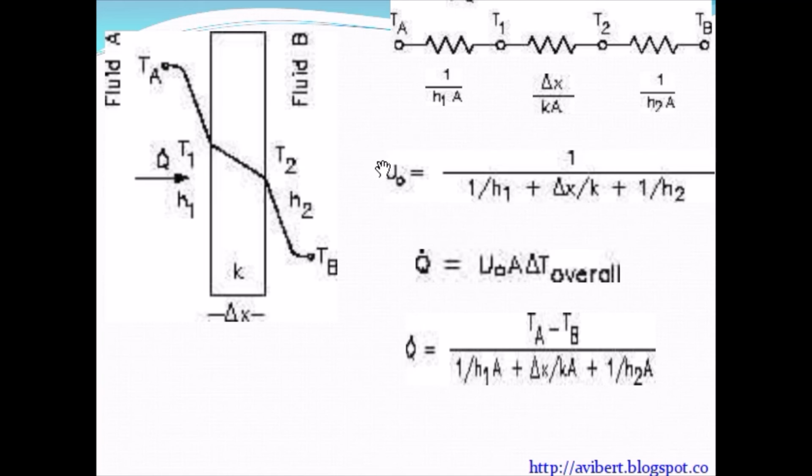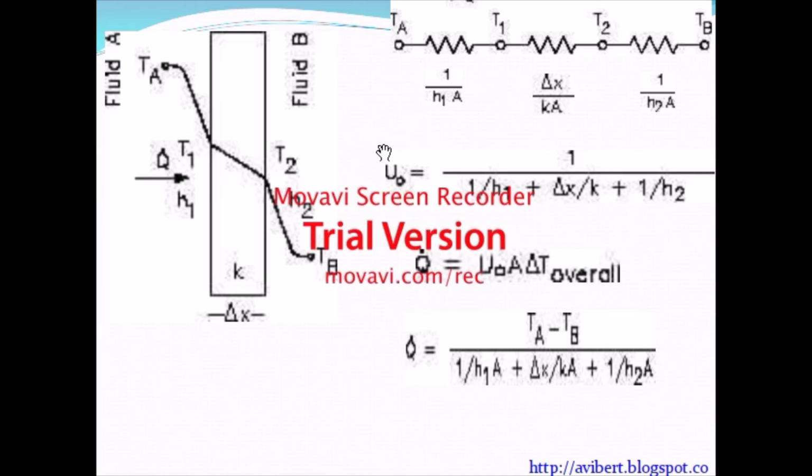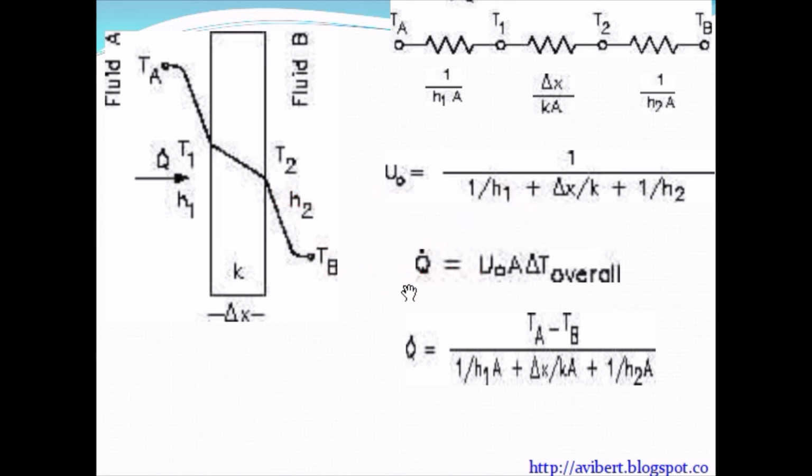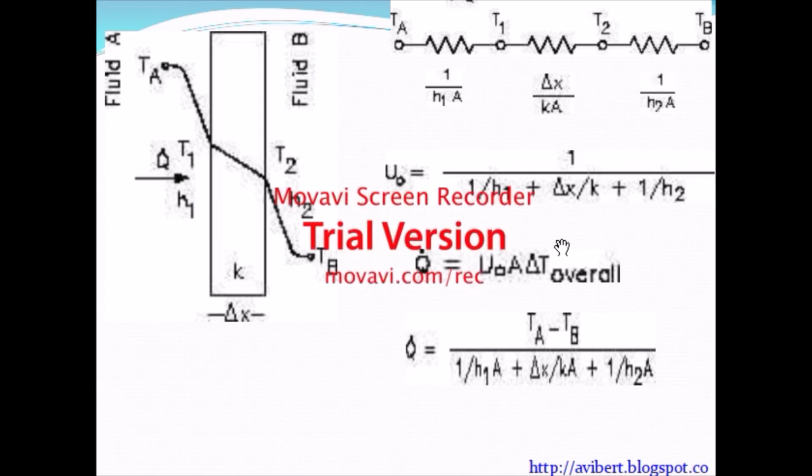How do we calculate the thermal coefficient? You can use this formula from this illustration. Then we can also calculate the thermal flow rate, Q dot. Q dot means per time: how much energy can transfer every second.